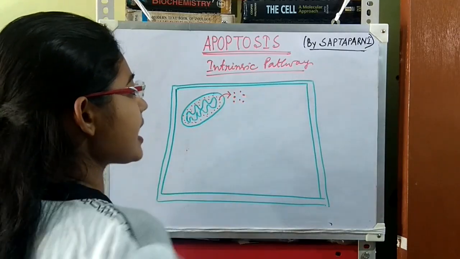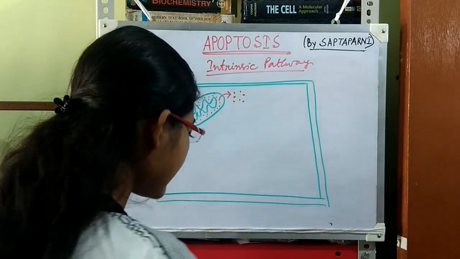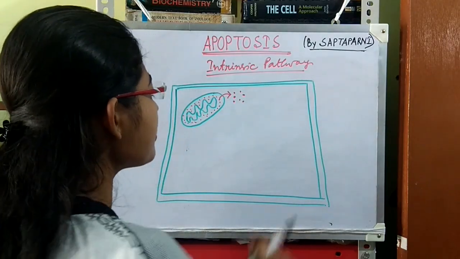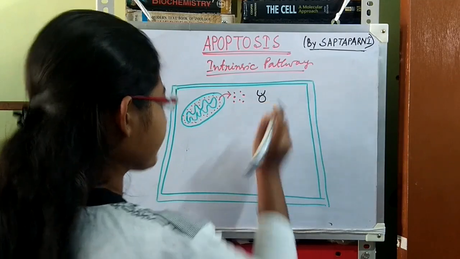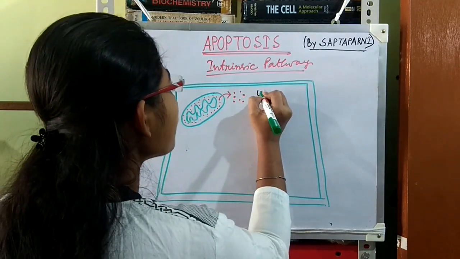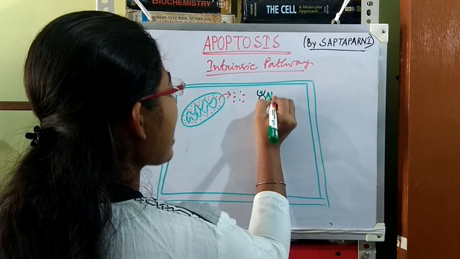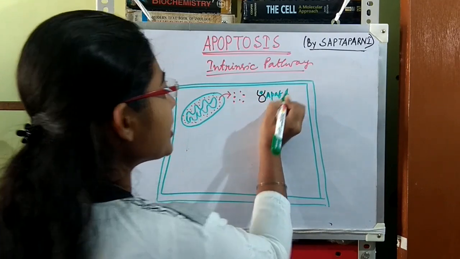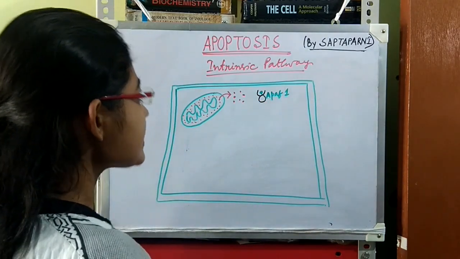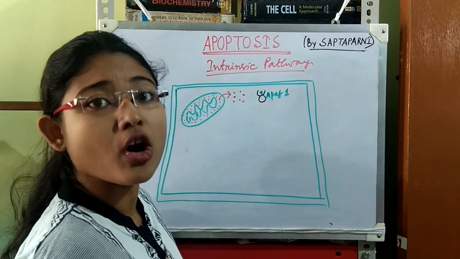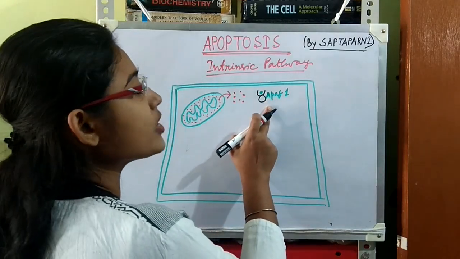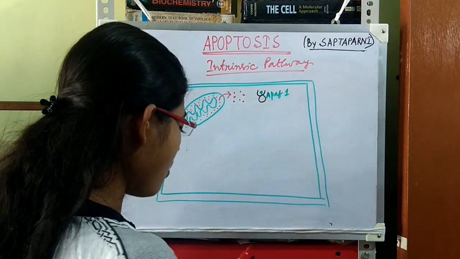When they reach the cytosol, what happens? Inside the cytosol, there is an adapter protein named APAF1. Cytochrome C comes and, with the expense of one molecule of ATP, it binds with the APAF1.